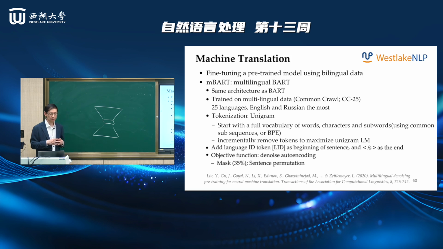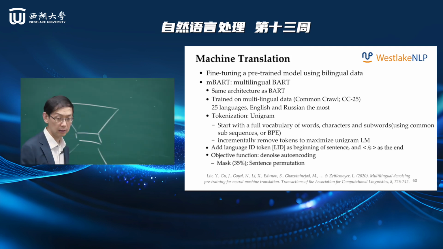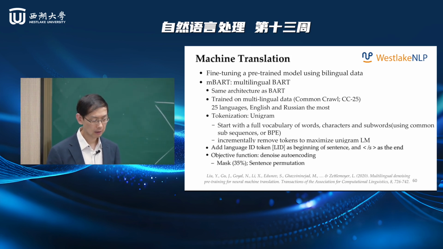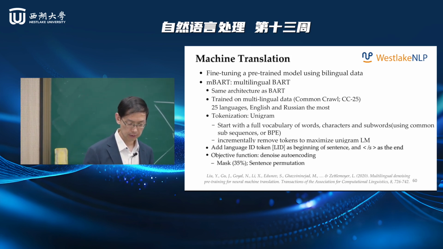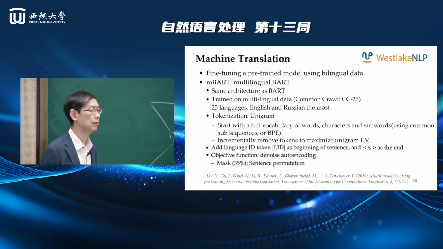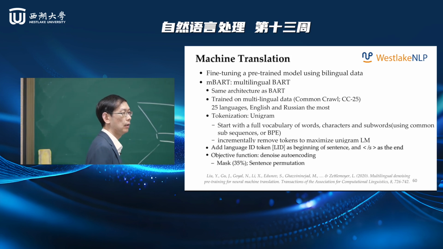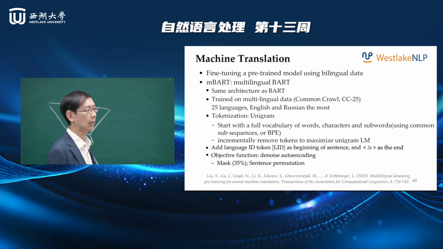So in order to solve the problem, people trained a model called mBART, multilingual BART. They collected a lot of sentences from different languages. And they used a special tokenization method called unigram tokenization, which is again an alternative to BPE and WordPiece. You can read it offline.